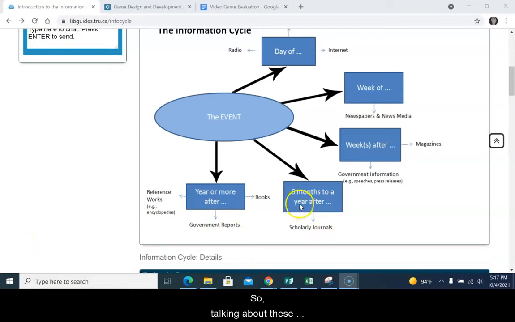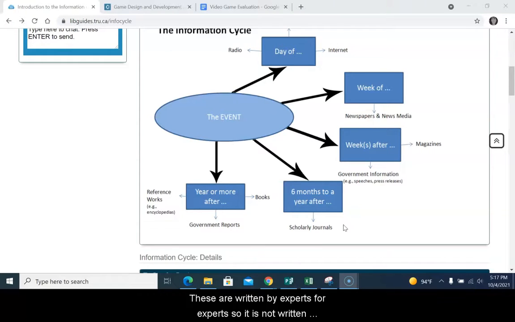So talking about these information types in more detail, scholarly journals provide comprehensive analysis. These are deep dives into an event's impact, and they might be analyzing the event's social impact, its psychological impact, maybe how it impacts the economy or the culture.